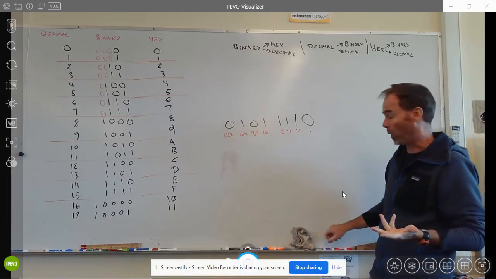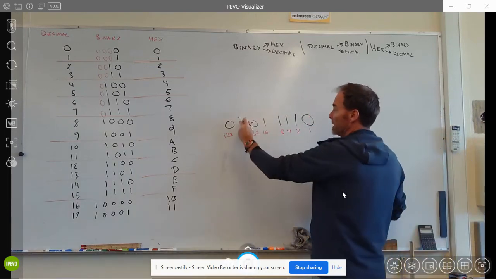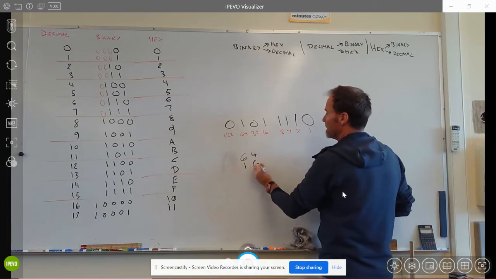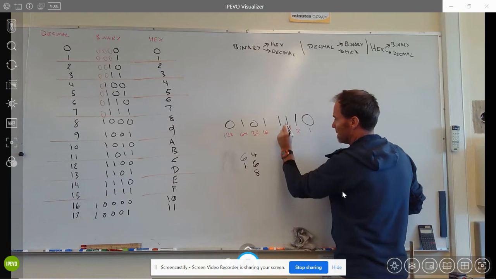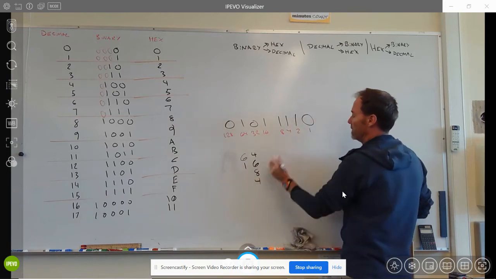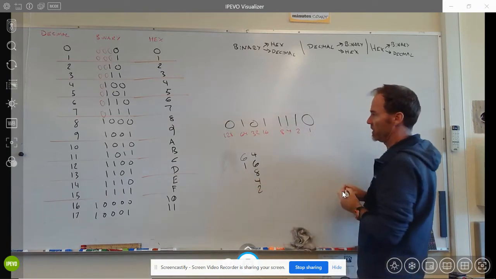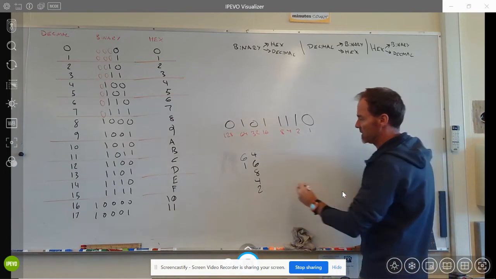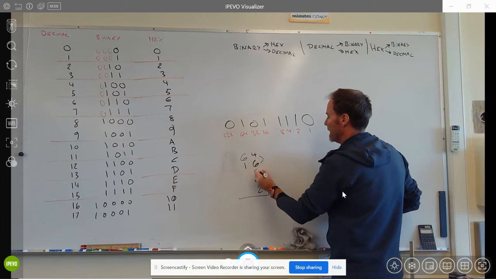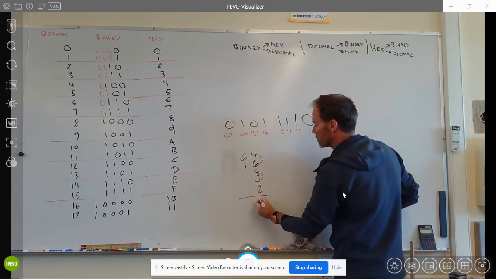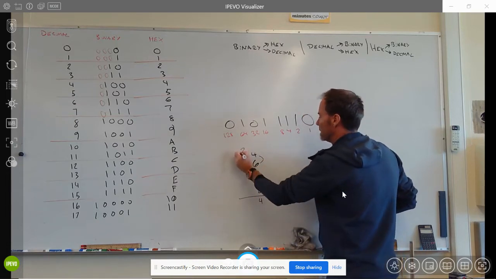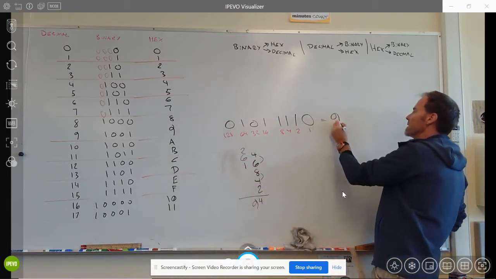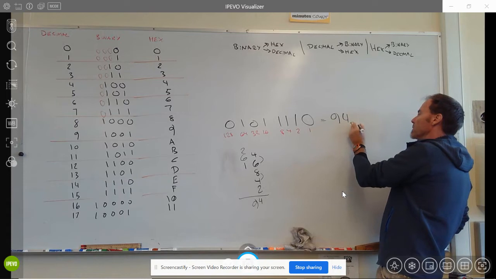I add up whatever I have a 1 by. I have a 64. I have a 16. I have an 8. I have a 4. I have a 2. I don't have a 0. Anything I have a 1 by, I add up those digits. 64, 80, 88, 92, 94. Same as 94 in decimal.